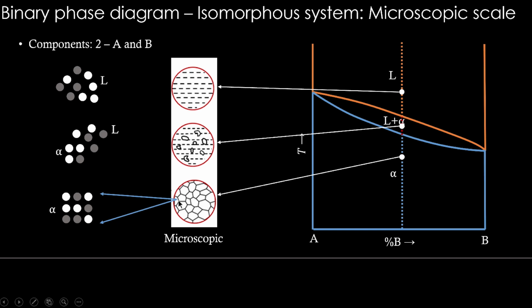And also, more importantly, you have to think about the atomistic picture, because this is where the entire thermodynamics and kinetics will come into the picture in understanding phase transformations and phase stability. So it's highly important that you develop the ability to connect these different aspects and understand your material.